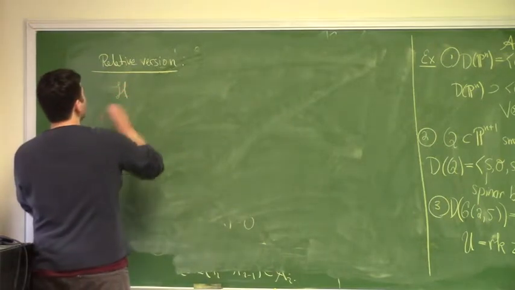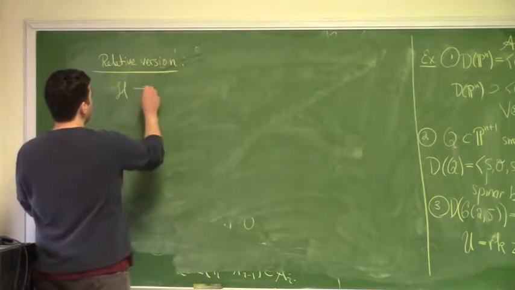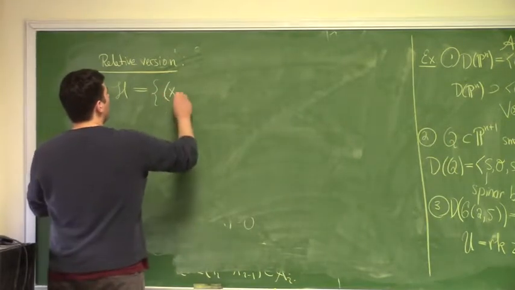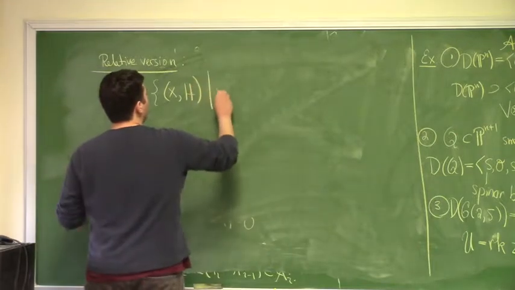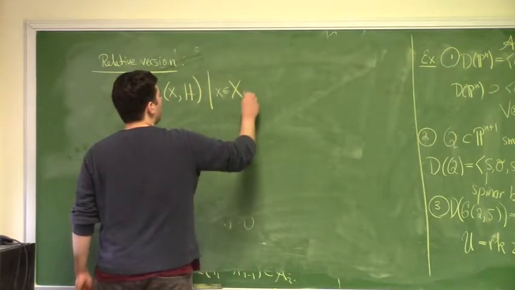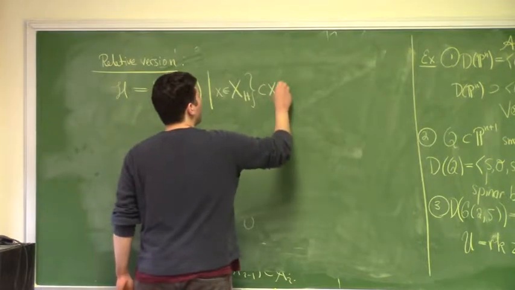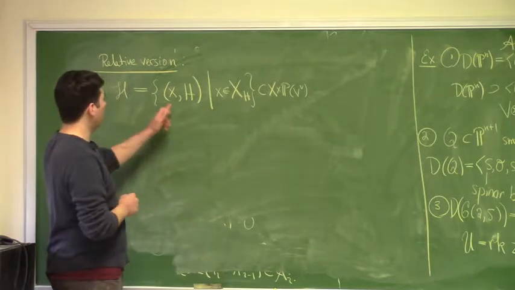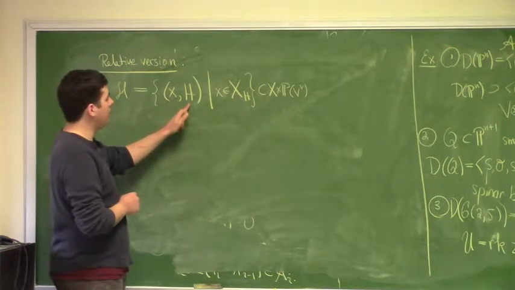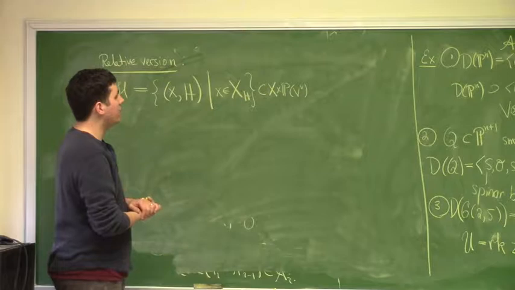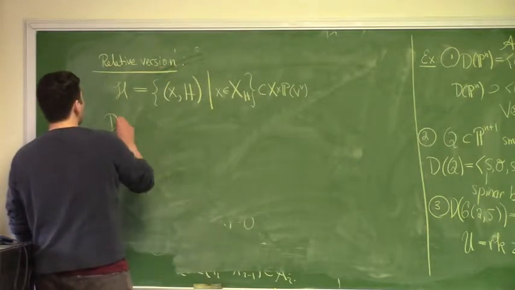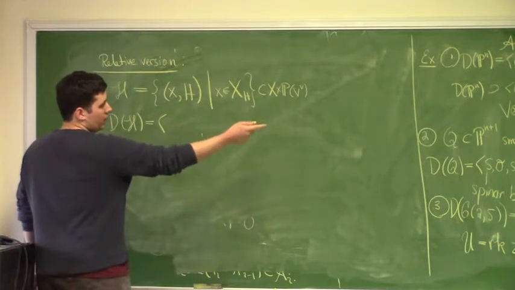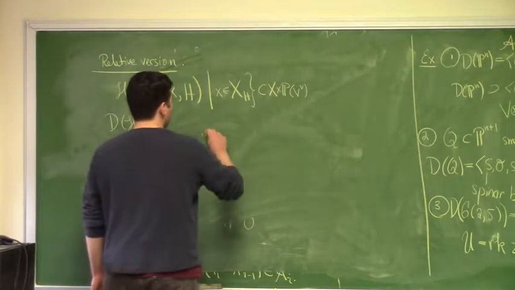So instead of considering a single hyperplane, I'm going to consider all of the hyperplane sections of X. So this is the space of pairs, X_H like this, which sits inside of X times P of V dual, where I'm thinking of P of V dual as parameterizing the hyperplanes inside of P of V. So I can look at this total space of hyperplane sections of X, and the derived category of this also has a semi-orthogonal decomposition, which is just the relative version of that lemma, and it looks as follows.